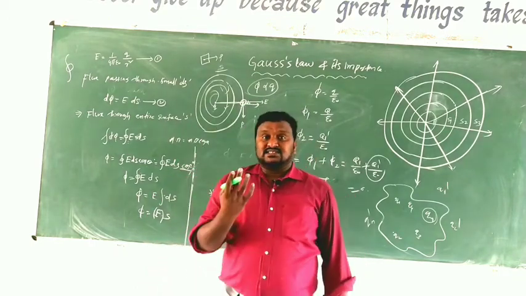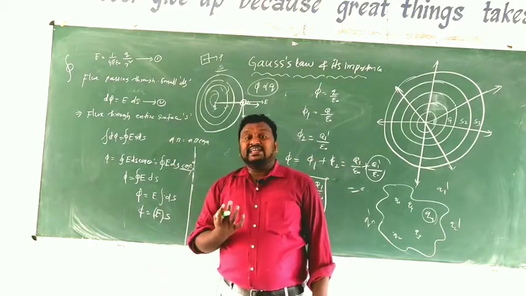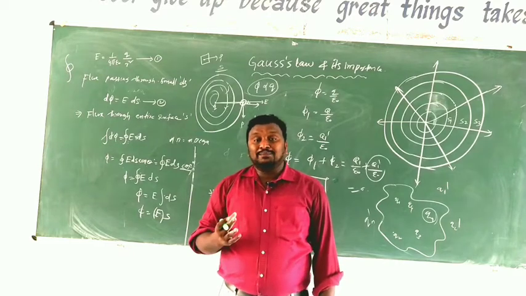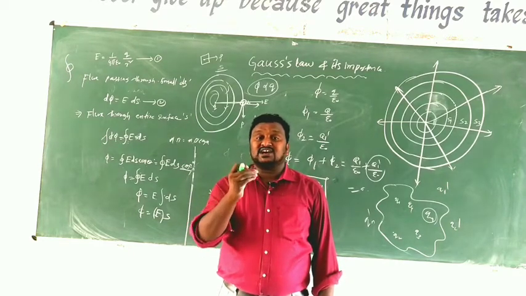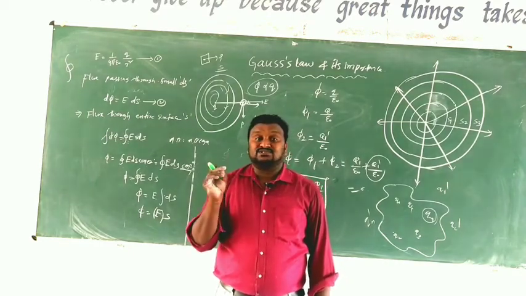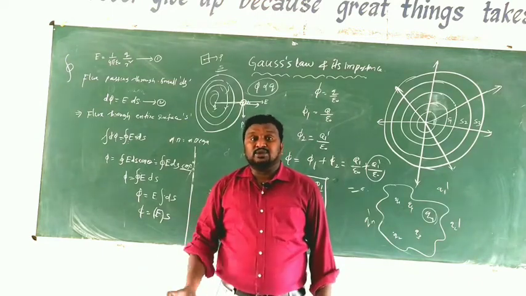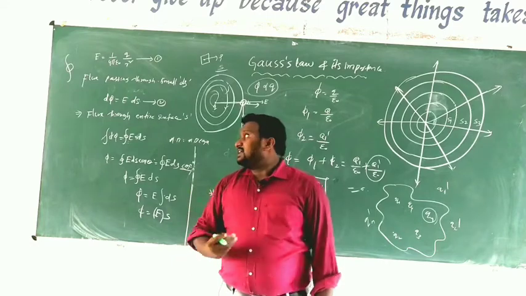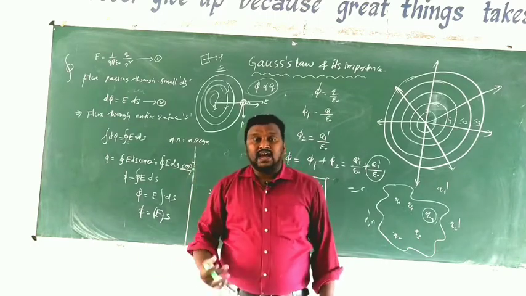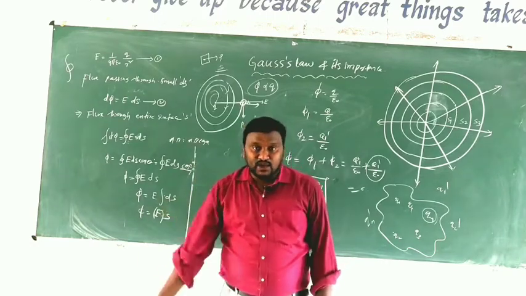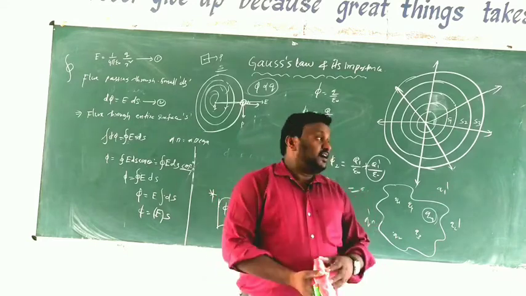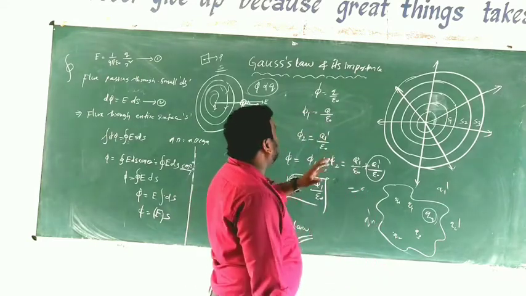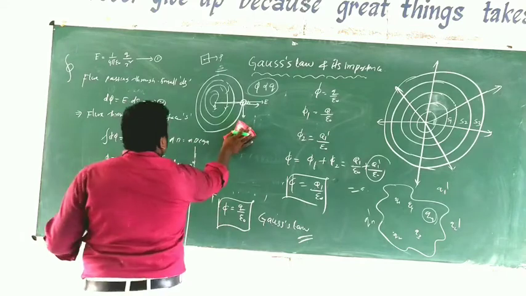That means the flux through any surface is only because of the charges which are inside. So children, this is about the distribution of charges on a conductor and Gauss law and its importance. Now we have one topic remaining.